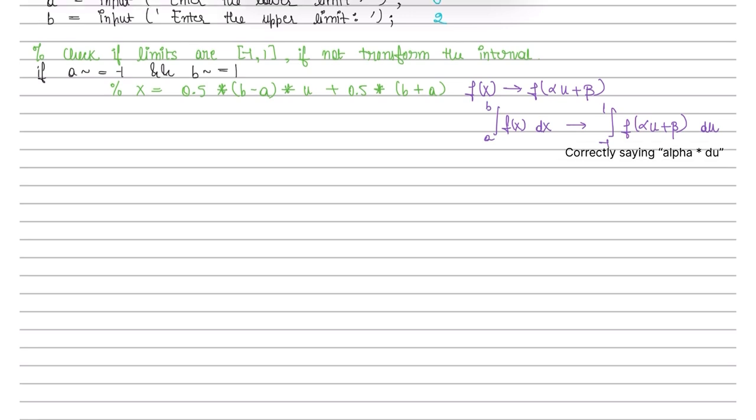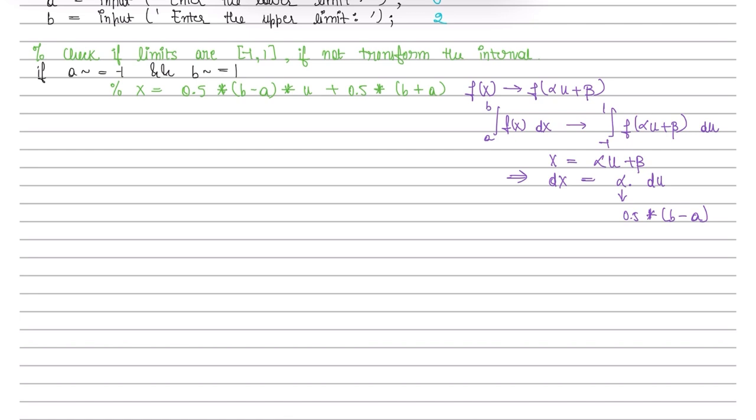And how will we find the variable du? By taking derivative on both sides of this equation, that is dx is equals to alpha times du, where the value alpha is 0.5 into b minus a. I hope you have understood what we are trying to do here.